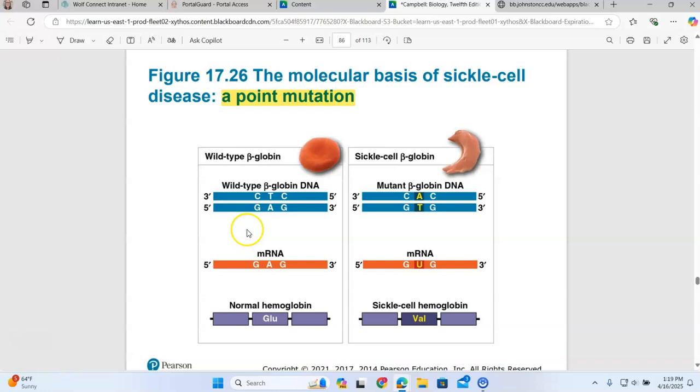But the only difference is, you see the original DNA is CTCGAG.